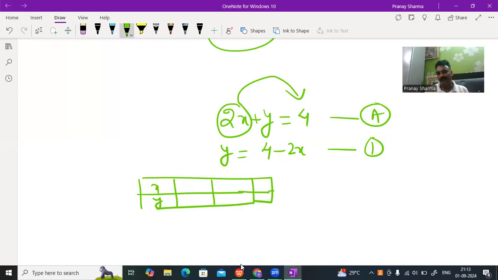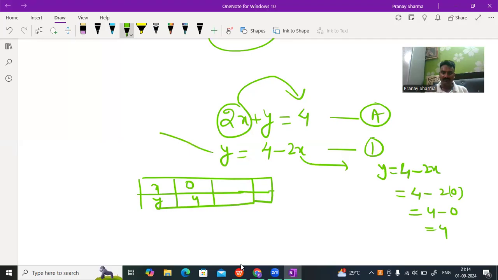All right, so suppose you put x as 0. This all works on hit and trial, right? y equals 4 minus 2 times 0, so that is nothing but 4. y will be 4. What if you put x as 1? Here you have pointed out x as 0.